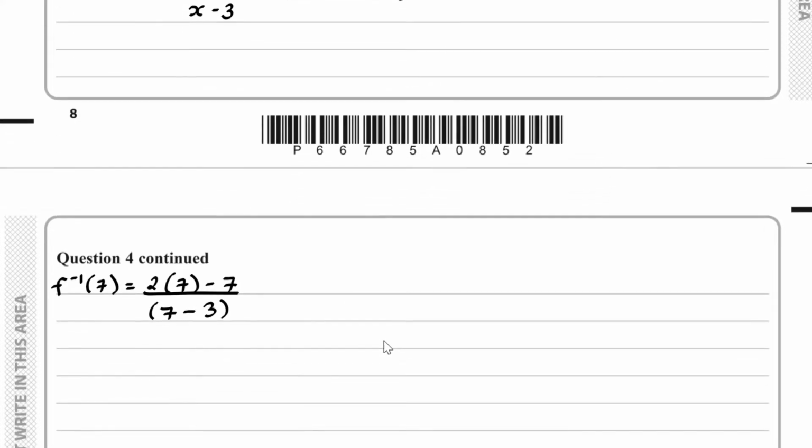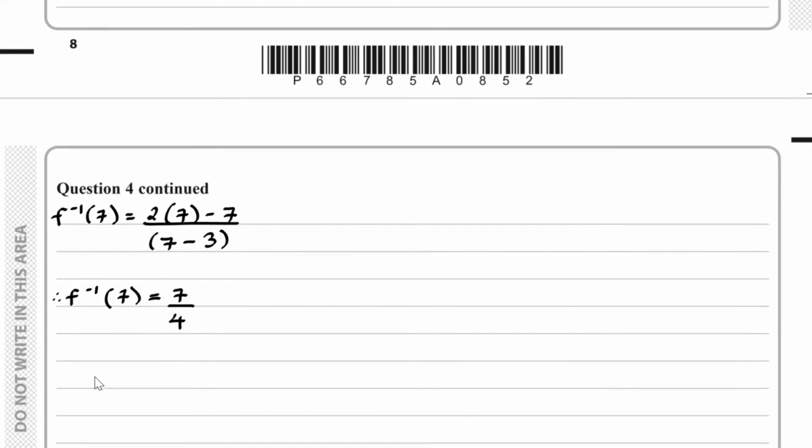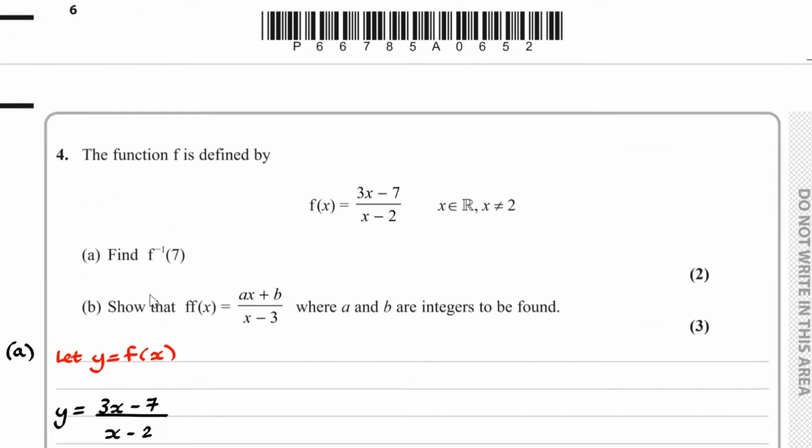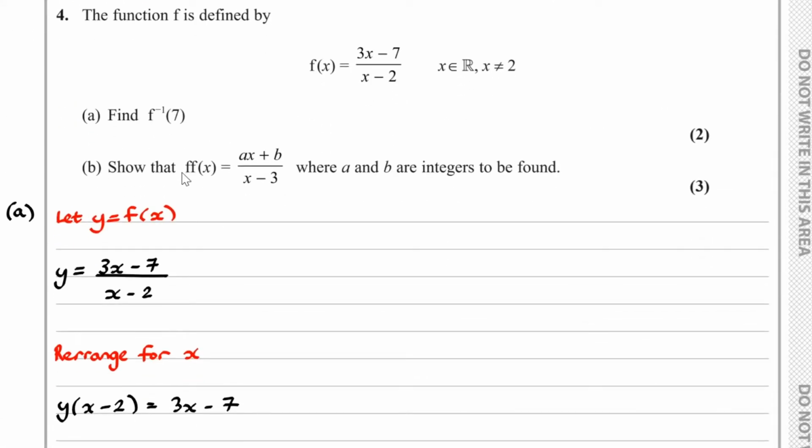So therefore, in conclusion, the inverse at the point x equals 7 is equal to 7 over 4. And now for part B of the question, we have to show that f of x is equal to a plus b over x minus 2, where a and b are integers to be found.